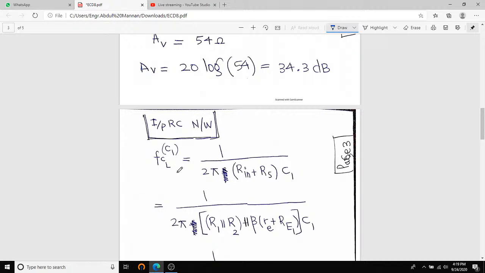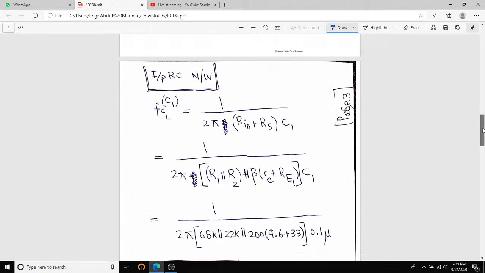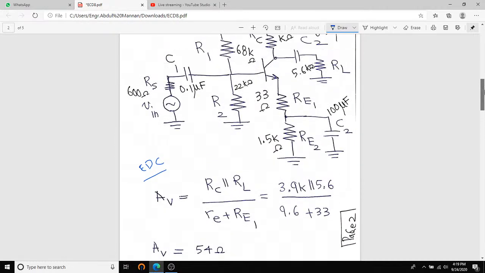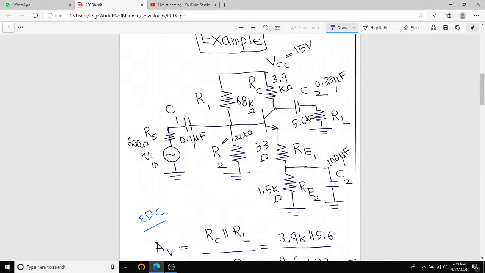So let's compute FCL due to C1, then due to C3, and finally due to C2, the bypass capacitor. What is FCL due to the input coupling capacitor? We have studied the expressions in one of our earlier lectures. It's 1 over 2 pi times Rin plus Rs times the input coupling capacitor C1. What is Rin? By looking into the base from the input side, we see R1 and R2 in parallel, and there is another thing in parallel, that is beta times the resistance of this junction plus the resistance that is not bypassed by the capacitor, that is capital RE1.